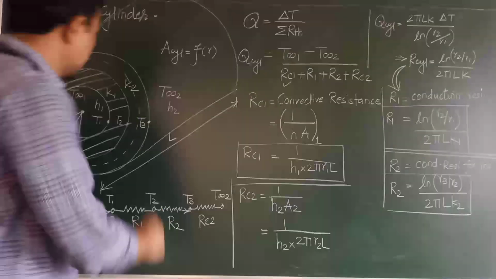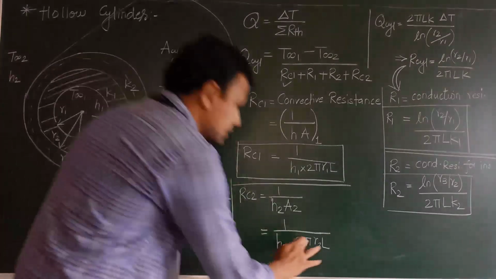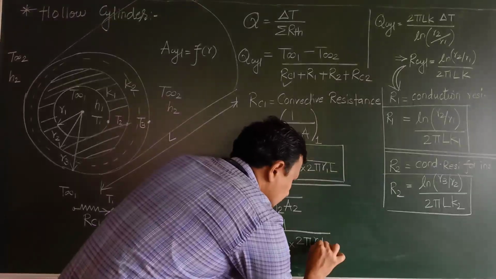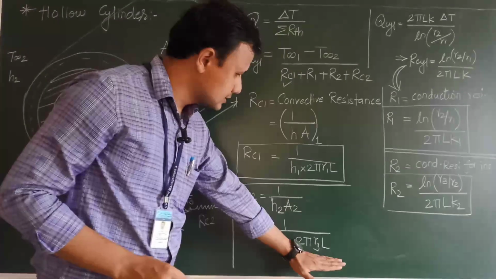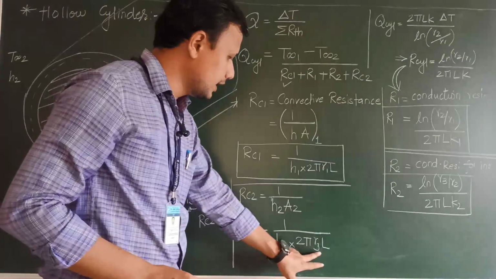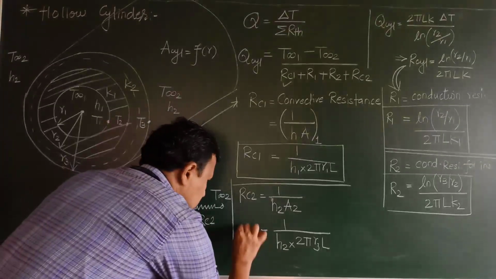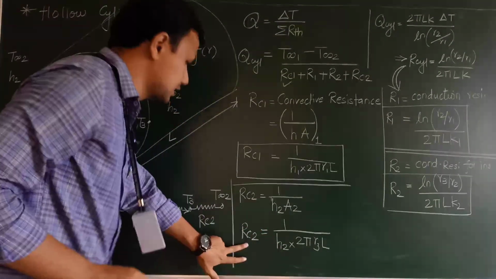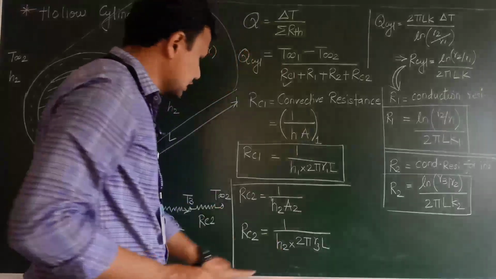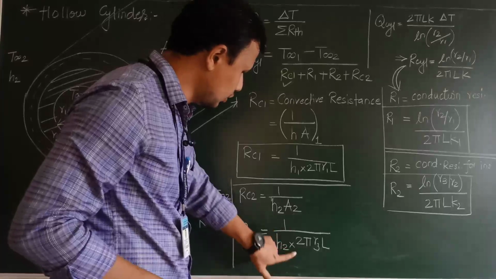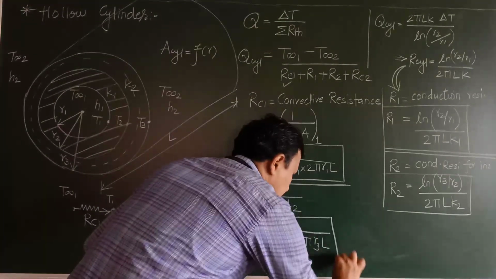Sorry, my mistake. The total outer radius of the cylinder is R3. So instead of R2, it will be R3. Even if we have written this as A2, the basic concept does not change. We can write 2 pi R3L, or you can write it as A3, that is up to you. So that gives you RC2. The second convection resistance is 1 upon HA, outer surface area we are talking about. So that will be 1 upon H2 into 2 pi R3L. So we can note this formula.